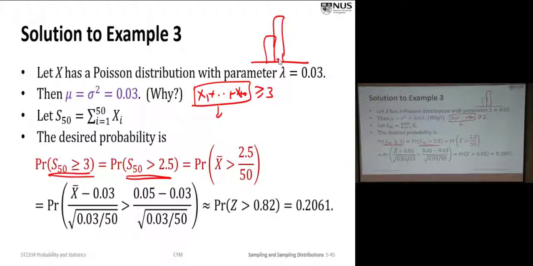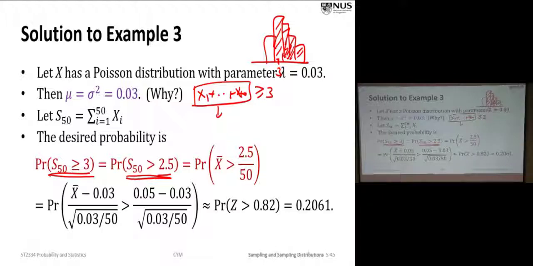So if the sum is greater than or equal to 3, we have to extend it to greater than 2.5. Although it's a minor point, at least we try to compensate with the continuity correction, because in the original problem, x1 plus x2 up to x50, the sum, is a discrete random variable, and we're going to approximate it by a continuous distribution.